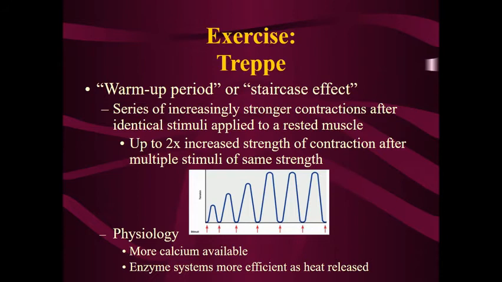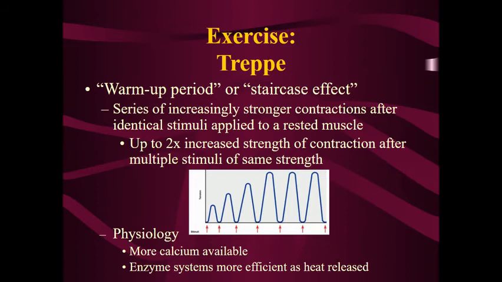Now, this is different than what we were just talking about with wave summation and unfused and fused tetanus, because with those, we were not letting the muscle finish its relaxation period. And here, the muscle gets to fully contract, and then another stimulus is given. And because of that, eventually the muscle will have stronger contractions.